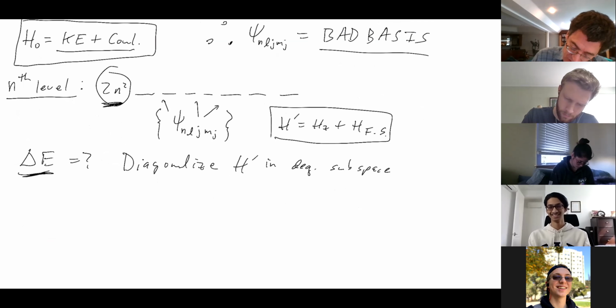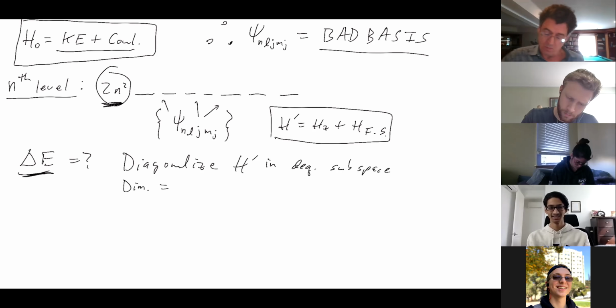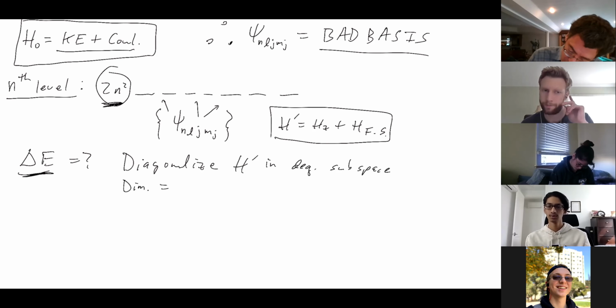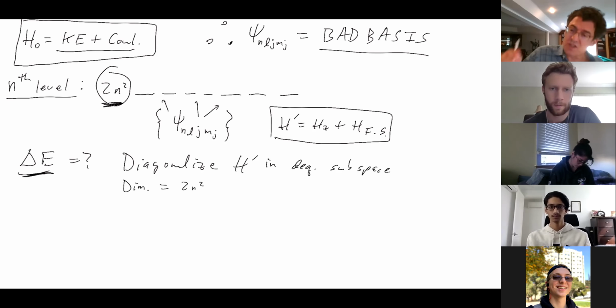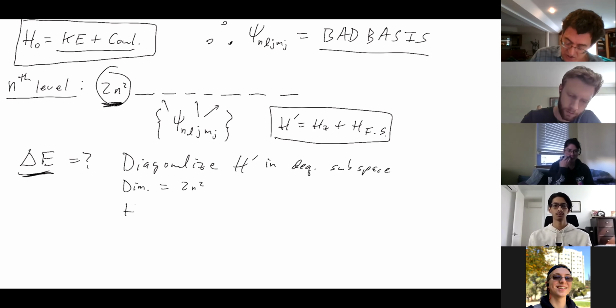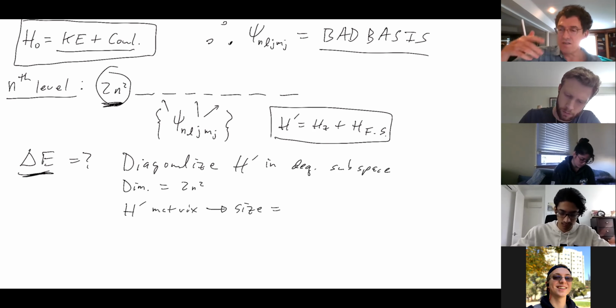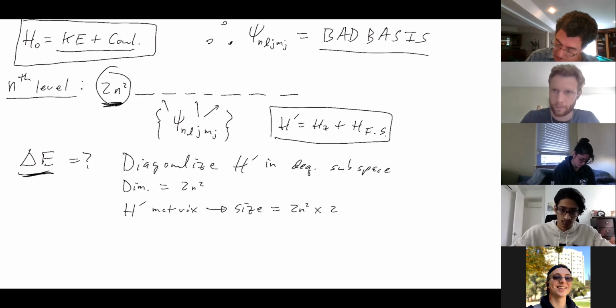First, I'll ask, what's the dimension of the degenerate subspace? The dimensionality equals what? Somebody tell me. 2n squared by 2n squared. That's right. Well, I would say it's a 2n squared dimension, but if I construct the H prime matrix, then the size of that matrix is what you just said: 2n squared by 2n squared.